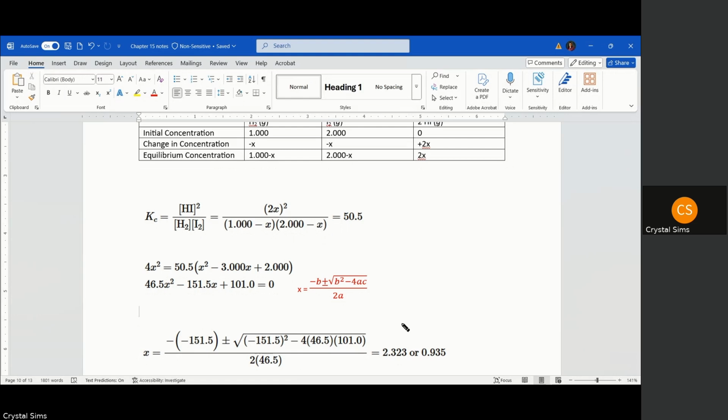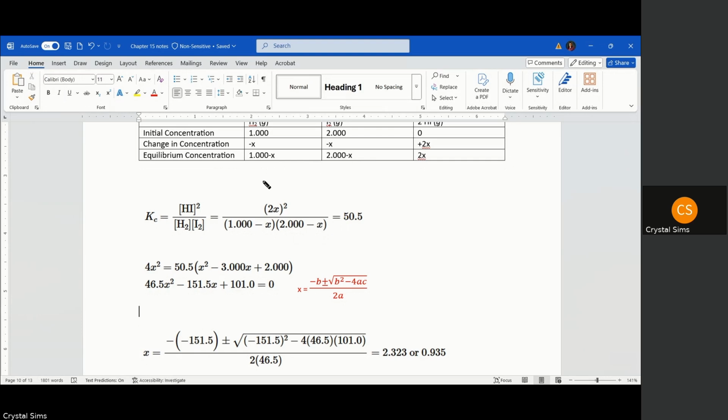When we plug in the x equals 2.323 into our expressions, we get negative concentrations. So if I was to plug the 2.323 in right here and right here, I would get a negative number at equilibrium.